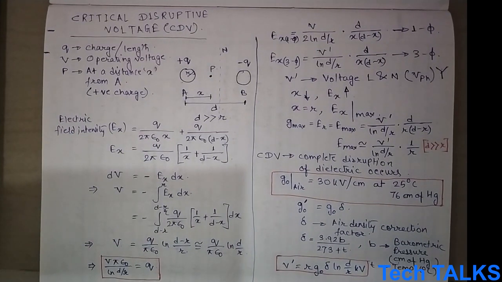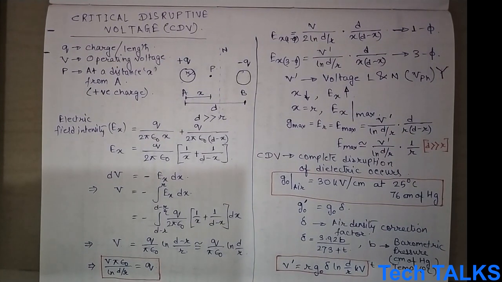There are aberrations in a conductor, and also due to deposition of dust and dirt on the surface, the surface smoothness is hampered. So this affects the breakdown voltage of such conductors. How does it affect?